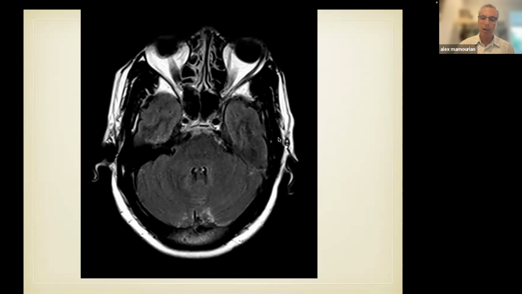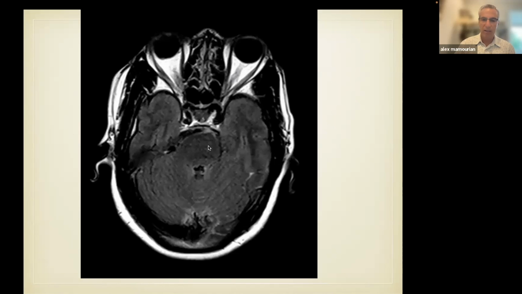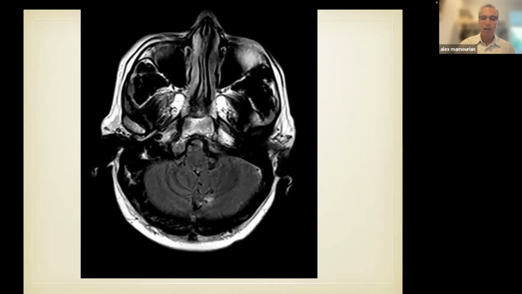This is not blood here. This is actually, in most patients, an artifact. Because even in normal patients, all the CSF is not suppressed on FLAIR scan. At the end of the day, you're going to say on every FLAIR scan, I'm not sure. So I don't recommend MR imaging in that scenario.